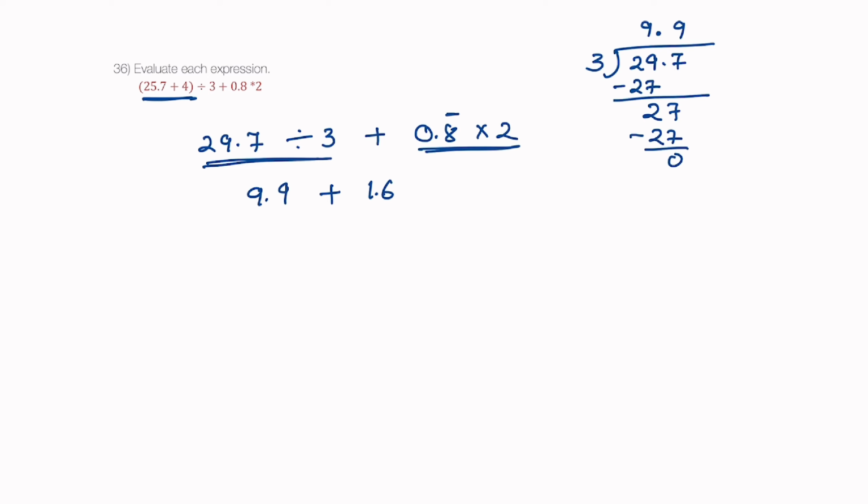So answer is 1.6. 9.9 and 1.6. It's basically 99 plus 16, which is how much? 115. And where do we put our decimal point? Here. And it's done.